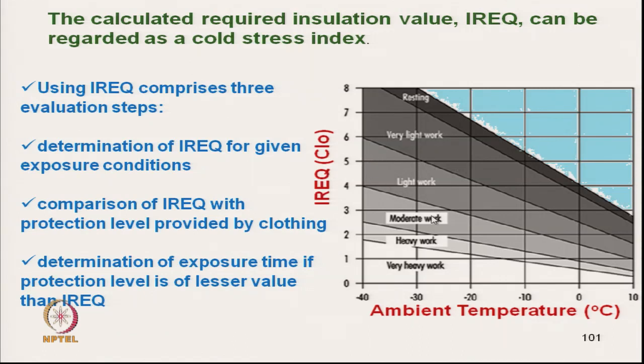That means if we have a clothing system with 5 clo, he will be basically comfortable, but if he has 3.5, he will feel a little bit of cold stress.